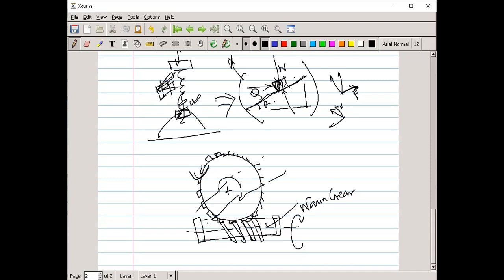There the moment is needed, and that moment is given as 7.2 kip-inch. So how much torque do we have to apply on this worm gear, so that this worm wheel can get this amount of moment?